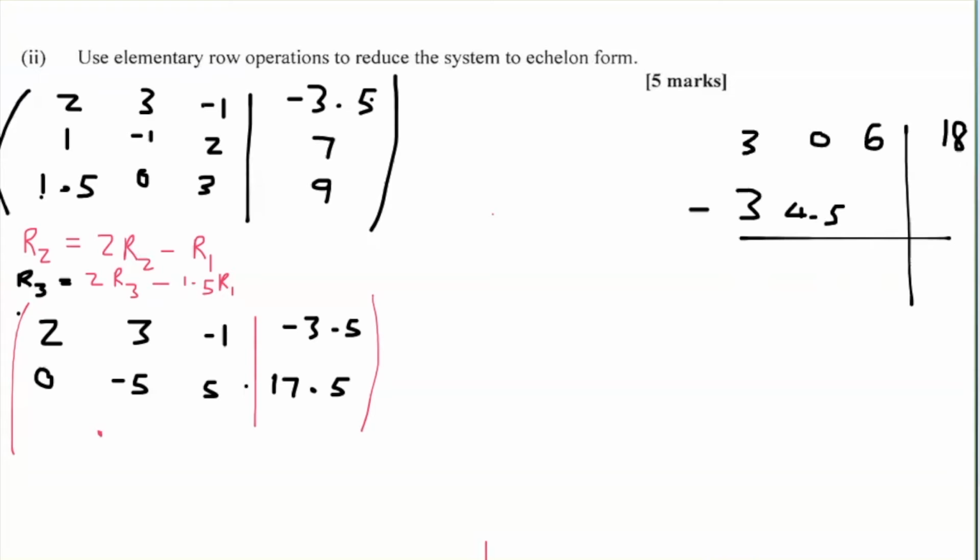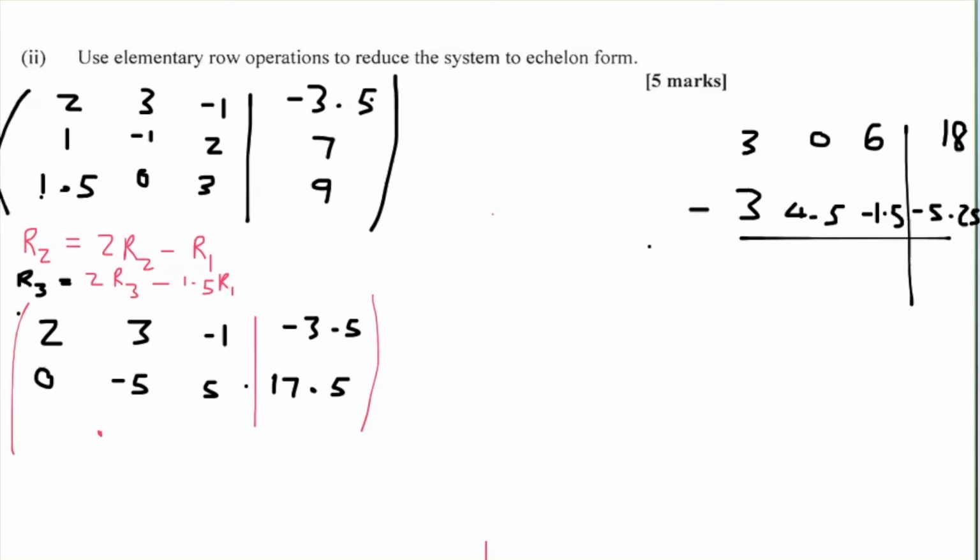Then 1.5 times negative 1, that gives us negative 1.5. And finally, 1.5 times negative 3.5, that will give us negative 5.25.